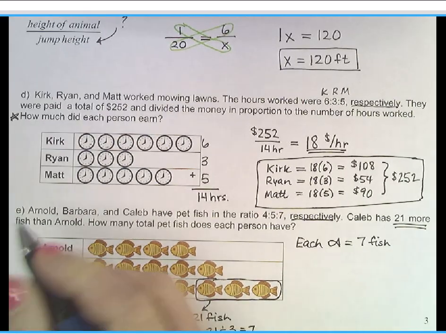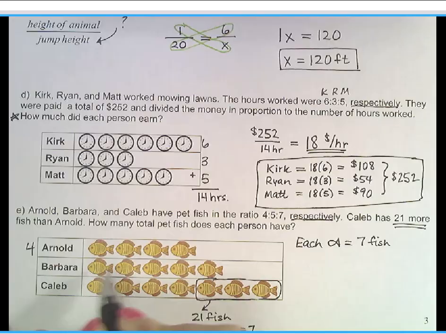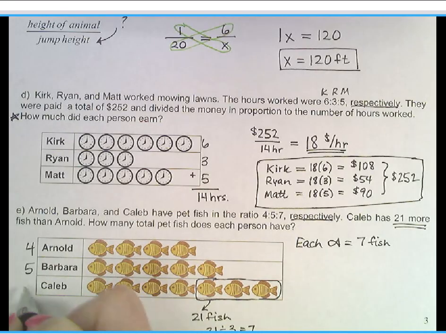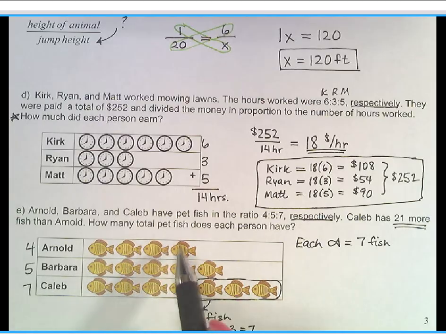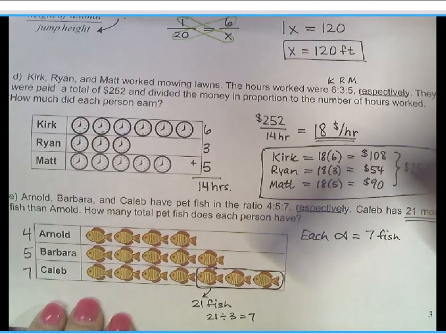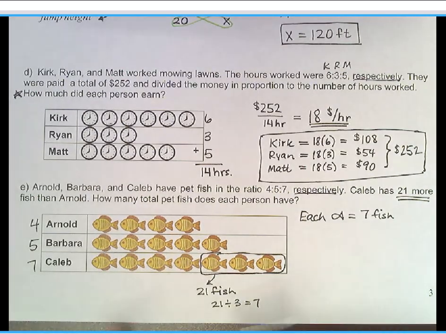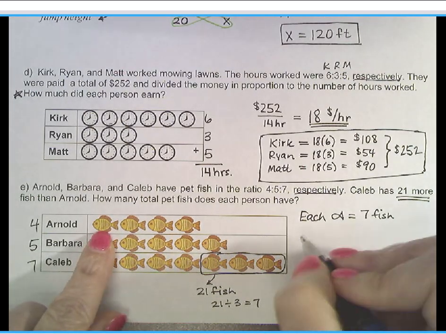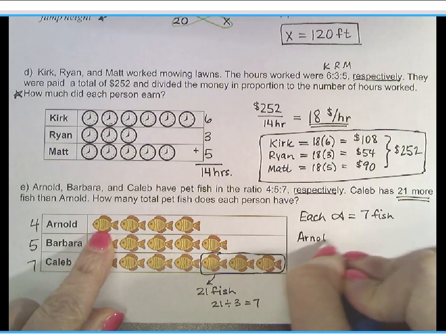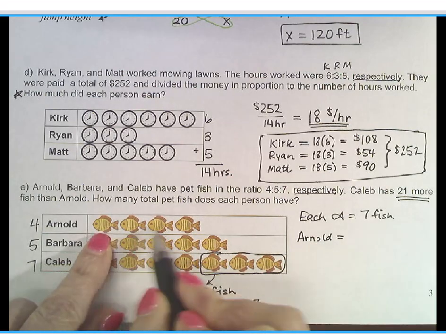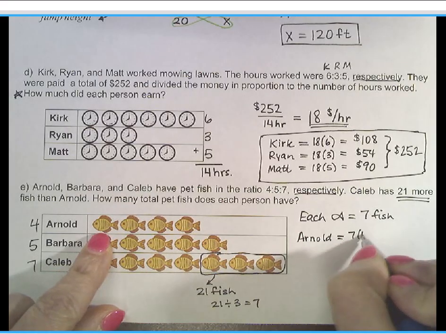So Arnold has 4, Barbara has 5, Caleb has 7, but each little fish picture that I put on here stands for 7 fish. So let me get this where y'all can see. For Arnold, 7, 7, 7, 7. It's just 7 times 4.